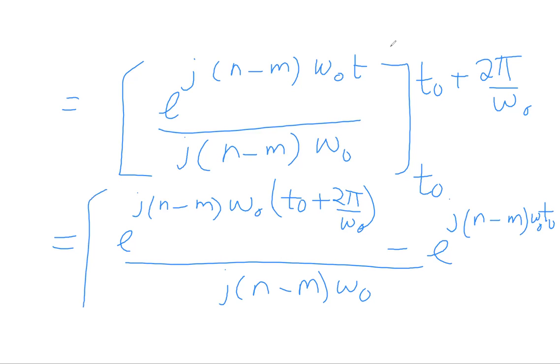Evaluating this now, in the next step, here there is a plus sign, so we can split the exponential into two terms by multiplication of two exponential terms. The first term will be e to the power j n minus m omega 0 t naught. The second term will be e to the power j n minus m omega 0 into 2 pi by omega 0.